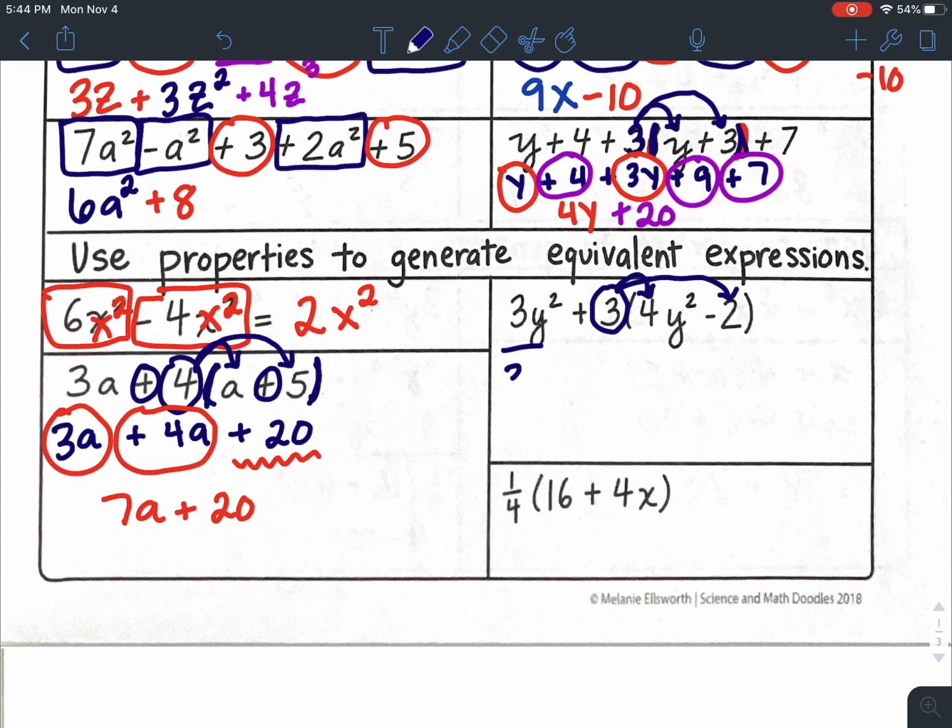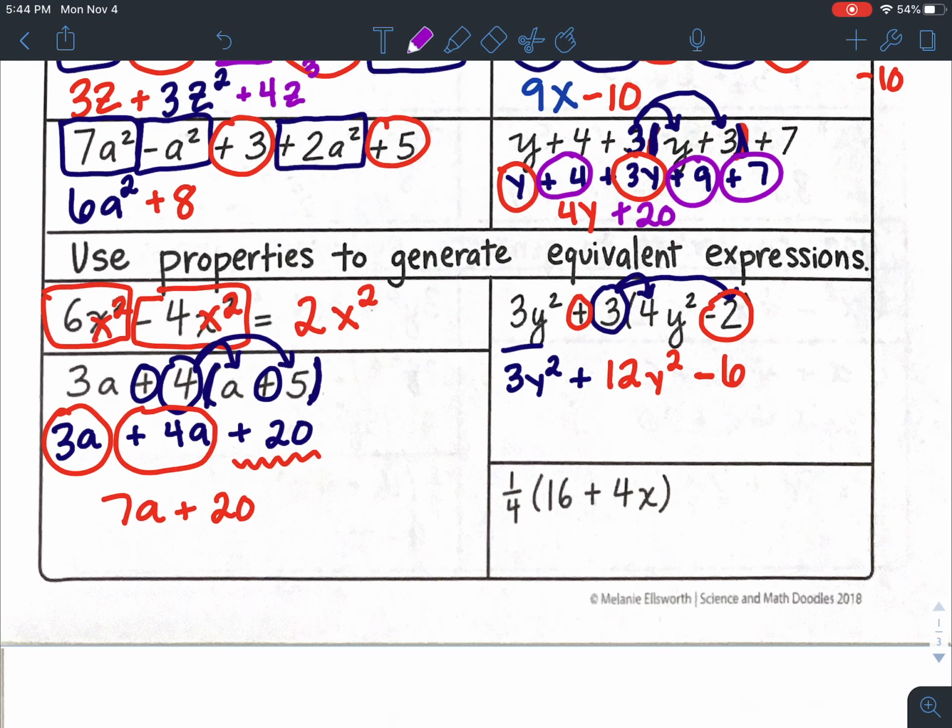So from here, I have the 3y squared plus 3 times 4y squared. I'm going to multiply like normal. 3 times 4 gives us 12, and I'm keeping the y squared. And then I have a positive 3 times a negative 2. So positive times a negative does give me a negative, and minus a negative kind of mean the same thing. So I have 3 times a negative 2, which gives me a negative 6 or a minus 6.